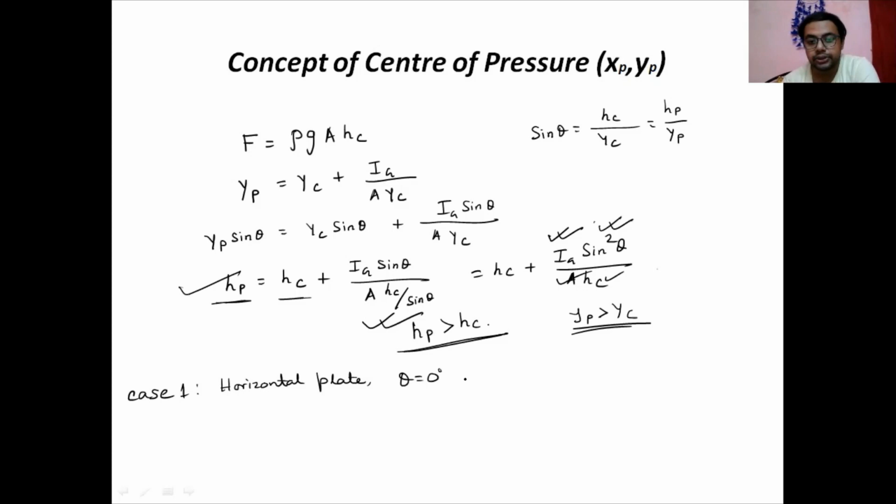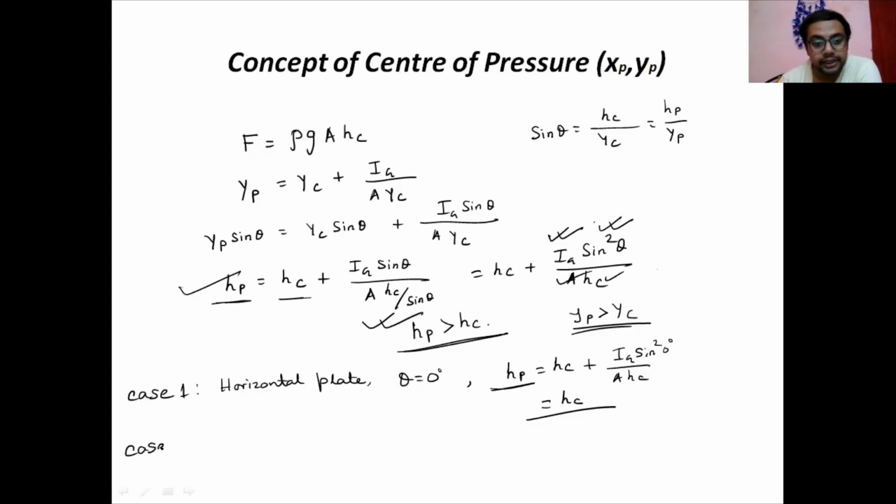So as theta is equal to 0, sine square 0 is equal to 0, and HP is simply HC plus 0. So HP and HC are at the same place. If a plate is horizontal, the centroid position and center of pressure position from the depth are the same. No change.